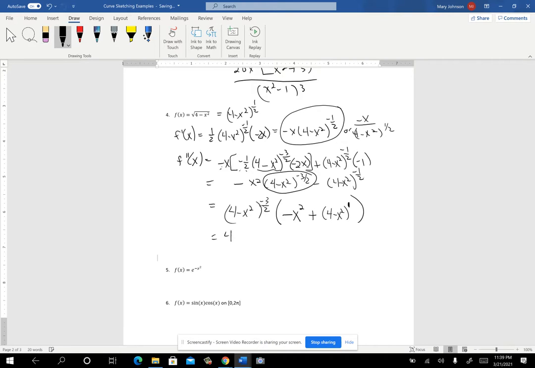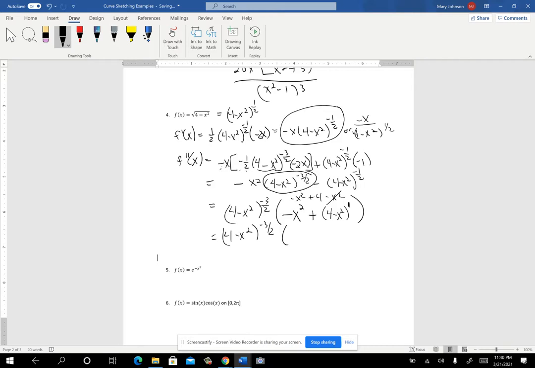So you see that becomes 4 minus x squared to the negative 3/2. And this would be negative x squared plus 4 minus x squared. I think that was supposed to cancel out. Let me look again. So I took out 4 minus x squared.